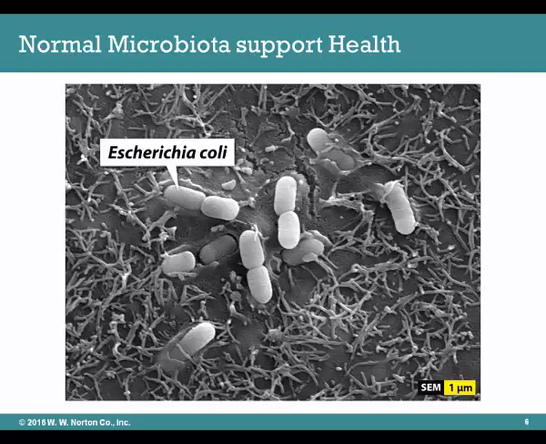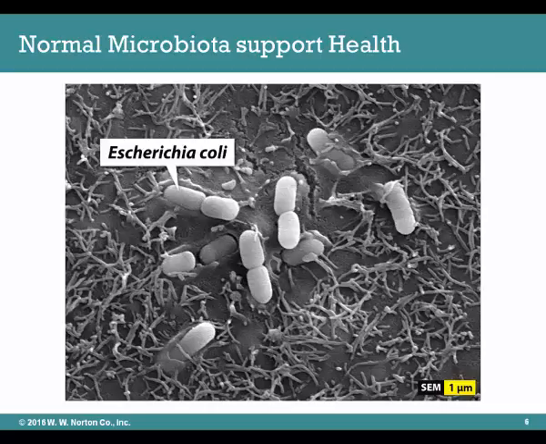E. coli is a really interesting case because this one species has many subspecies, many strains, which are all the same species but differ genetically in slight ways. And so E. coli is actually a normal microbiota.